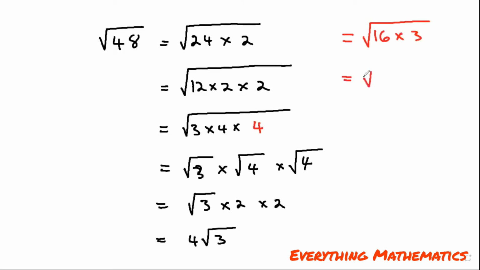This in turn would give me root 16 times root 3. And we're done here. Root 16 is the same thing as 4, and the root 3 remains the same. You see how much work this saved by finding the highest perfect square that could fit into the number?